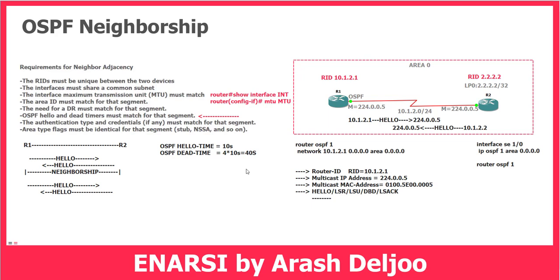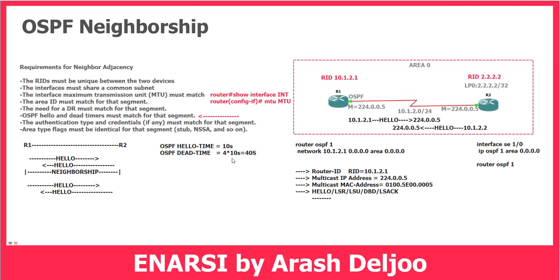In some cases maybe you want to change these values. Why? Because we want to detect a change in a faster manner, or in a lower amount of time. For example, you want to send hello every 5 seconds and a dead time of 20 seconds. This means that after 20 seconds we will understand that the neighbor is not available.